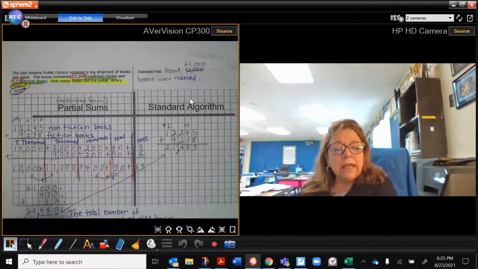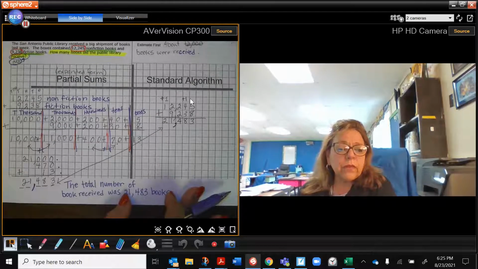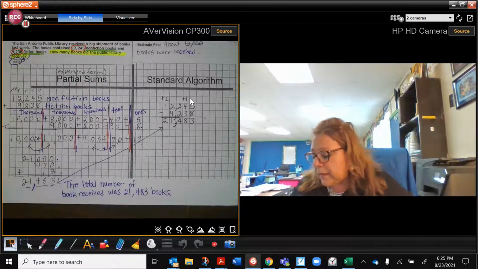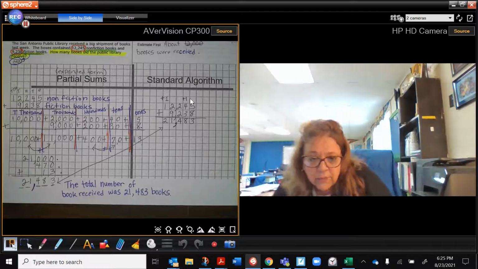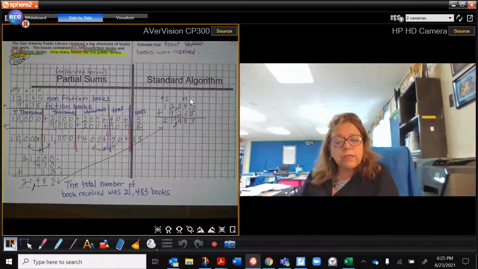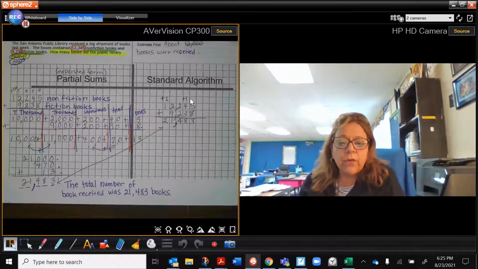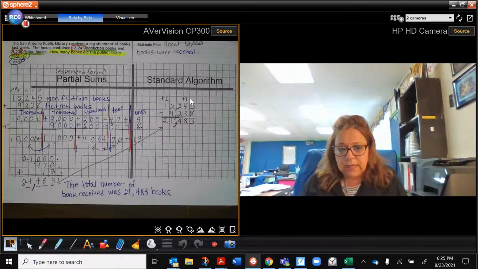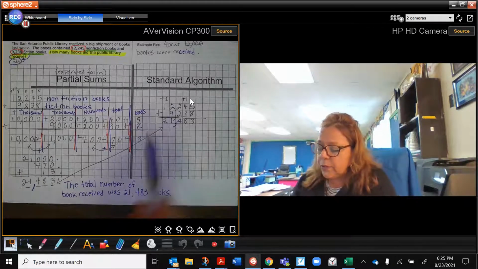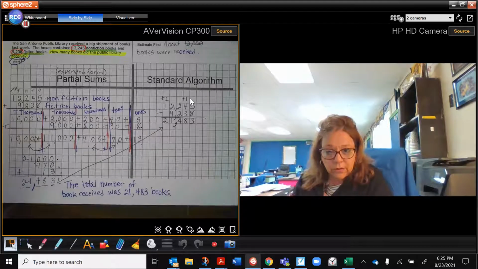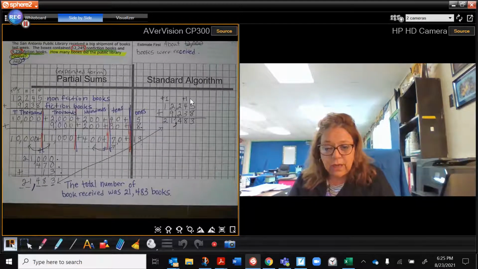Once I added it, I had a total of 21,483. I wrote in a complete sentence, the total number of books received was 21,483 books.